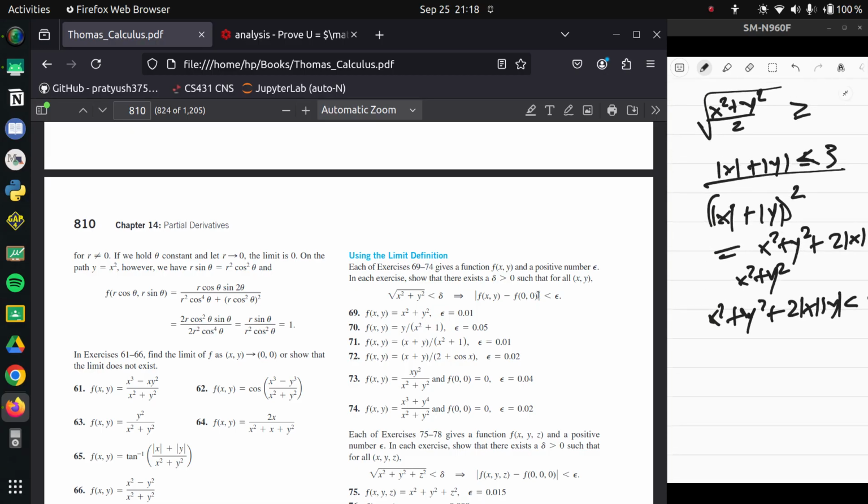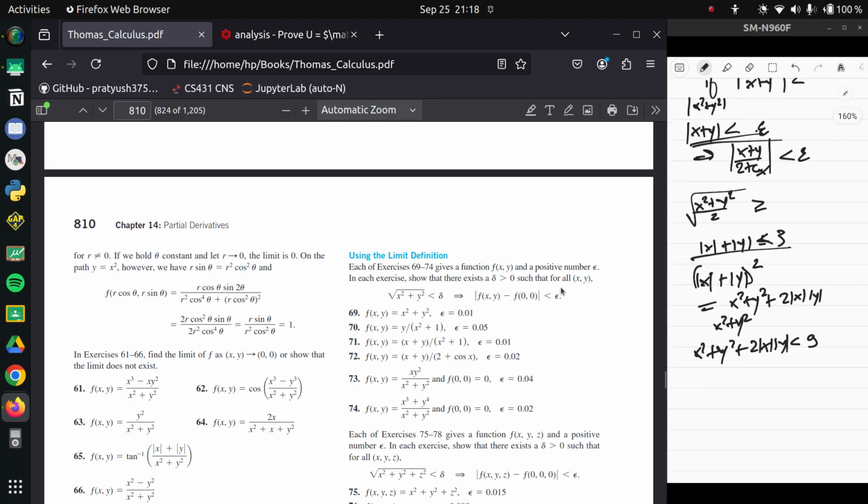But then, this shouldn't be 9, that should be epsilon. Epsilon square, okay. But then a stronger condition yet would be that x square plus y square is less than epsilon square. So if this happens, this automatically happens, and it cascades down. So this means that you can set delta to be epsilon.